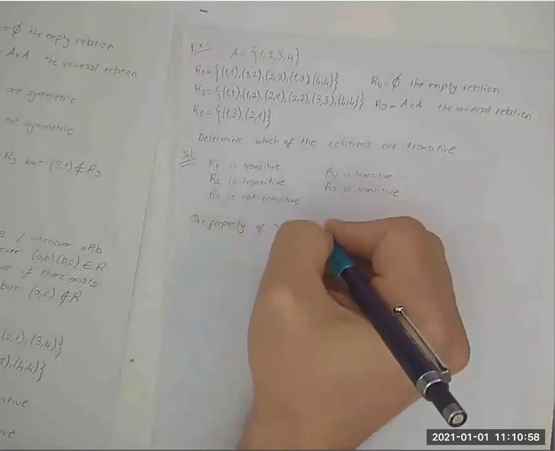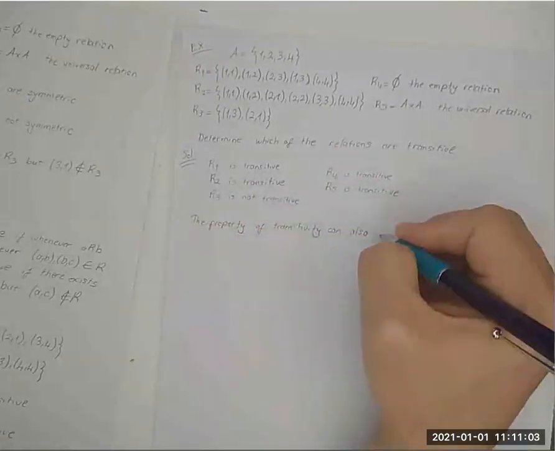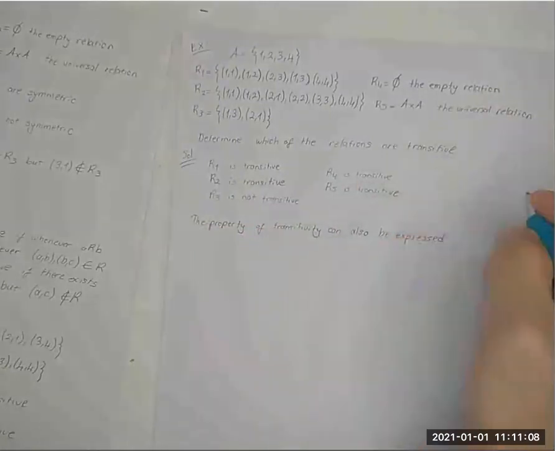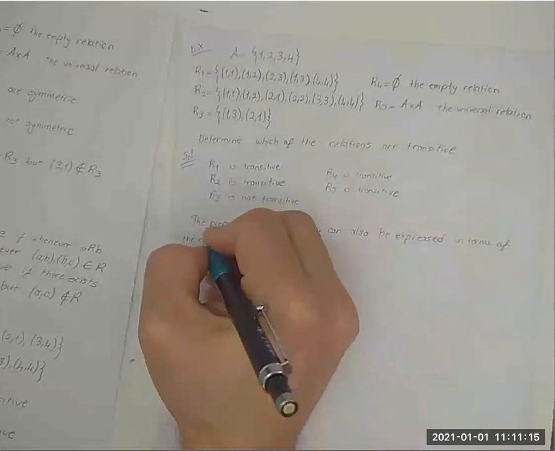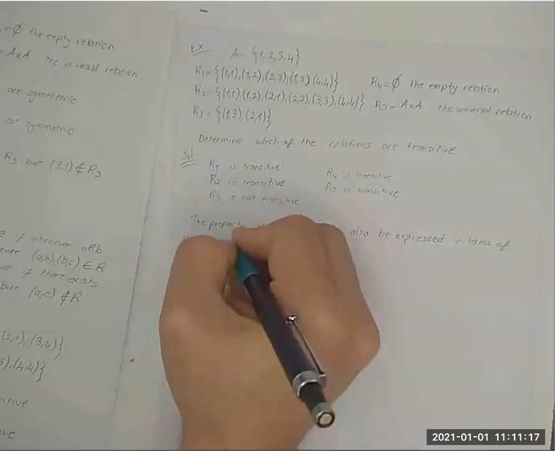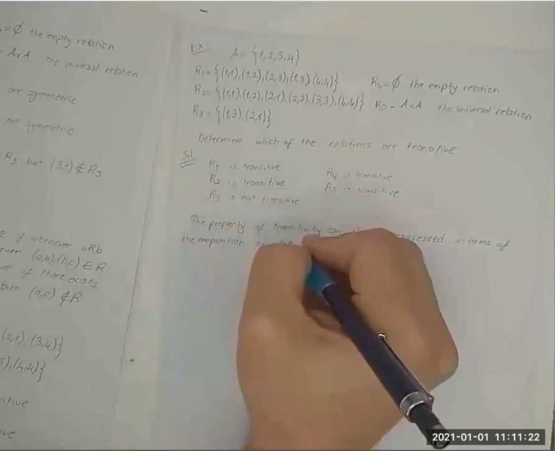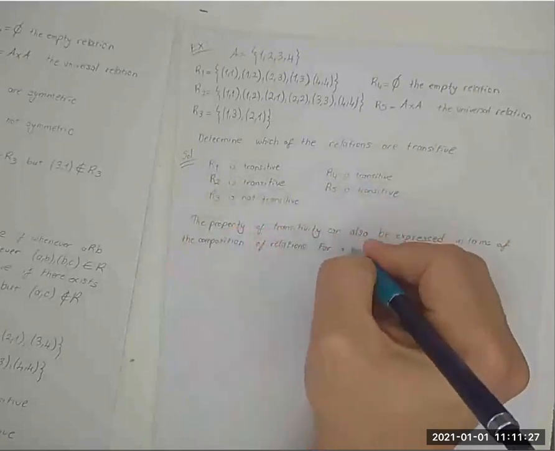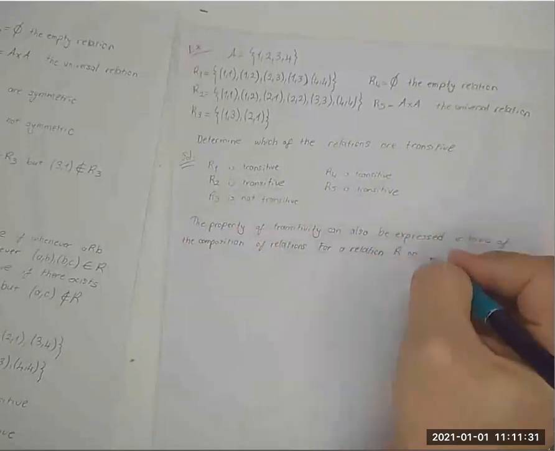The property of transitivity can also be expressed in terms of the composition of relations.